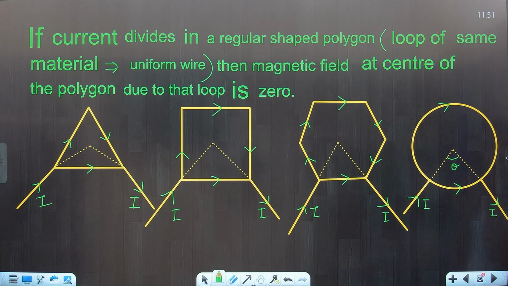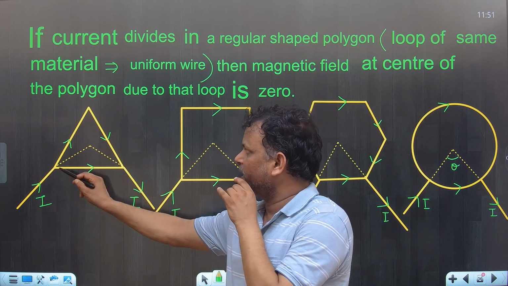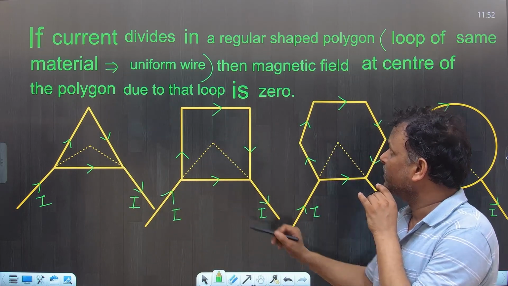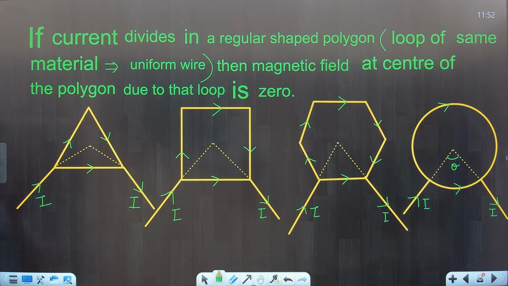So now the last topic for today. If current divides in a regular shaped polygon, meaning a loop of the same material, uniform wire, then the magnetic field at the center of the polygon due to that loop is 0. See, here is a current carrying loop, but the current divides; it is not coming in the same direction, it is not a simple loop.